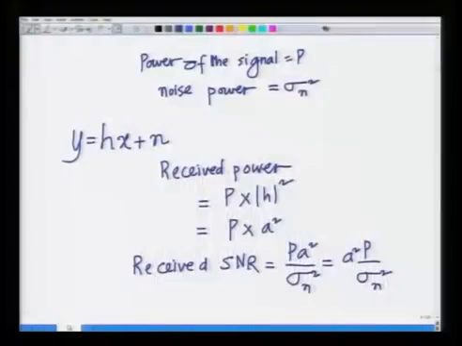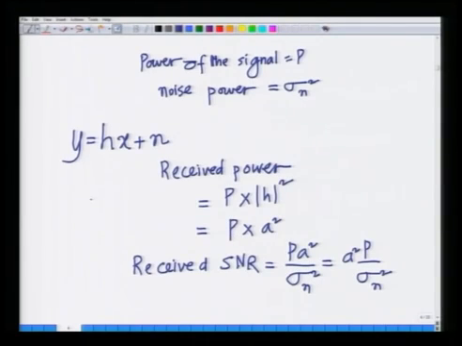In the last lecture, we started with the wireless system model. We said that the wireless system model is given as y equals h x plus n, where h is the channel coefficient, x is the transmitted signal and n is the noise. The received power is the transmitted power, that is power of x, times the gain of the channel.